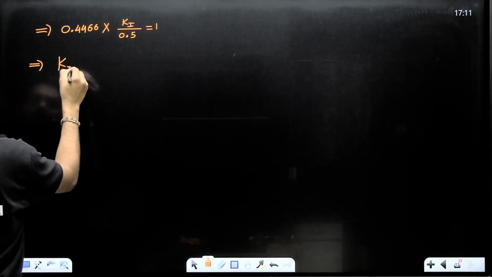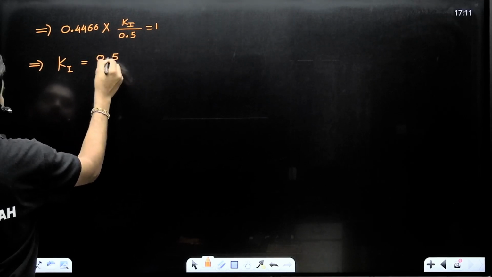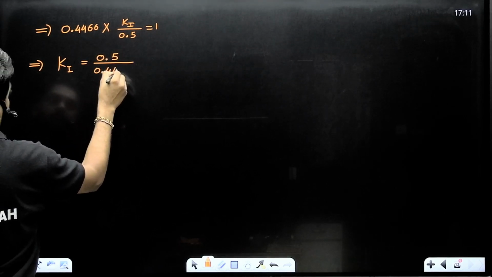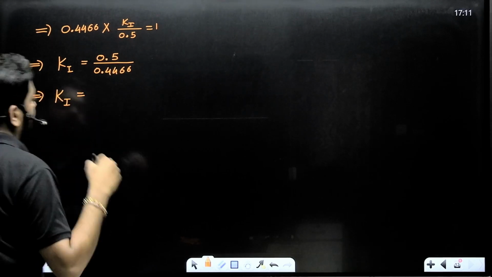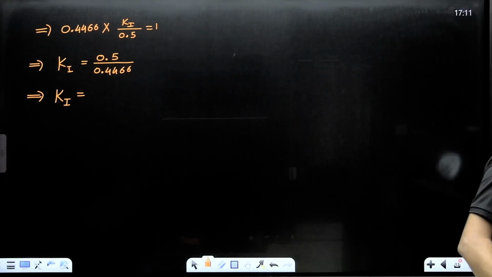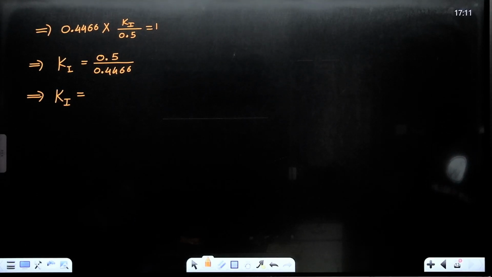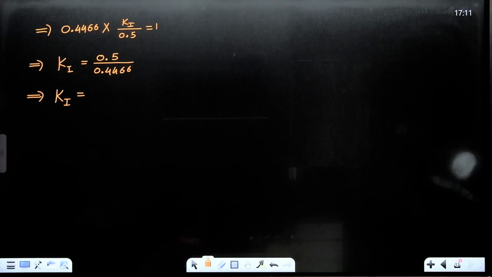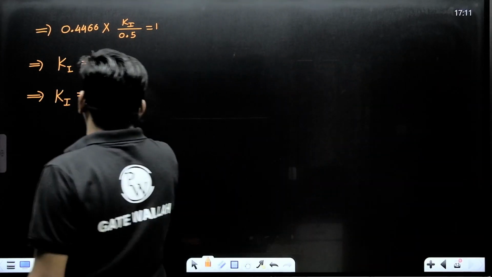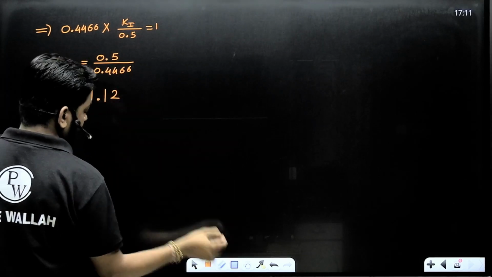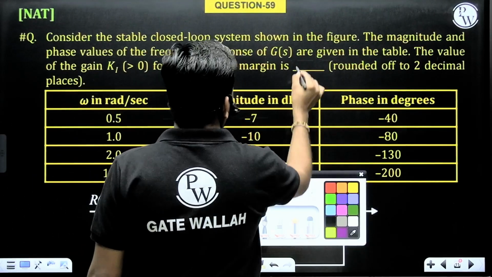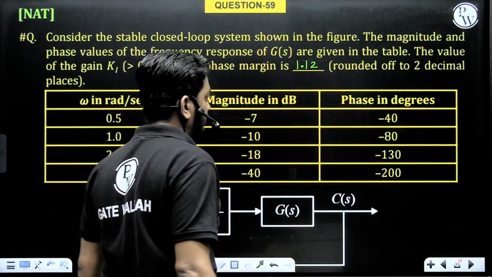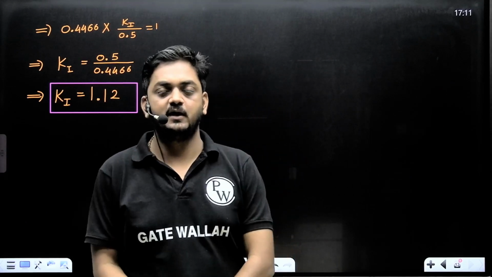So from here, Ki is equal to 0.5 divided by 0.4466, so Ki will be 1.12. So 1.12 is the right answer for this question.